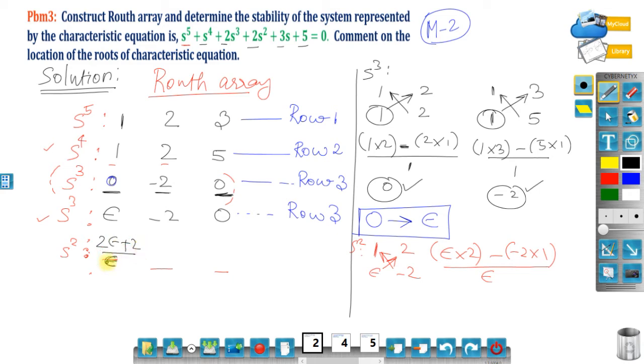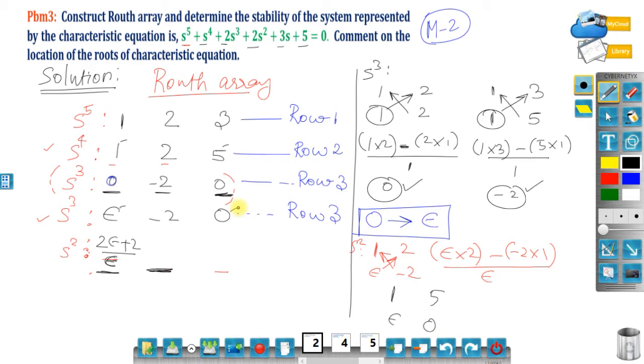Yes, 2 eta plus 2 divided by eta. This is the particular element what I am getting at this position, right? And the another thing is s power 2 is 2 eta plus 2 by eta, and another term can be calculated by these values 1, 5 eta and 0, first column and third column.